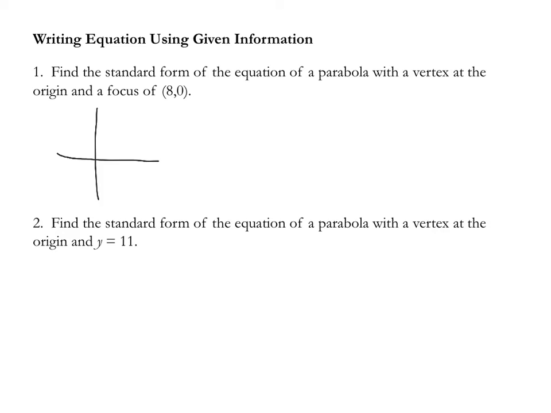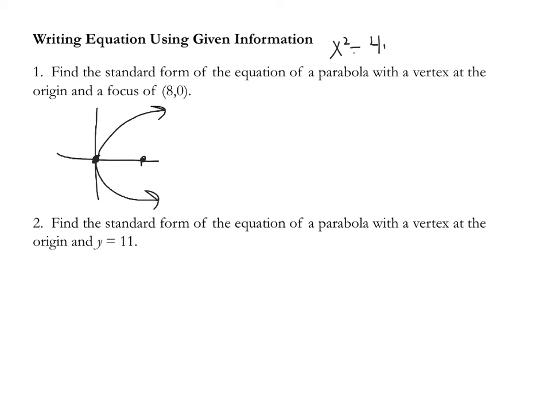But we want the standard form of an equation of a parabola with a vertex at the origin, so we know the vertex is still here. And it has a focus point of 8, 0. So that means we're out here somewhere over 8 up 0. That's my focus point. So that tells me right away that I can draw in the parabola has to face this way.